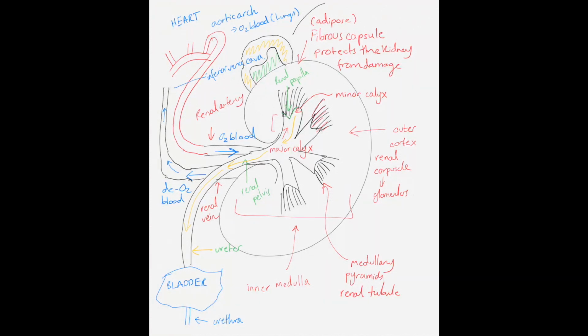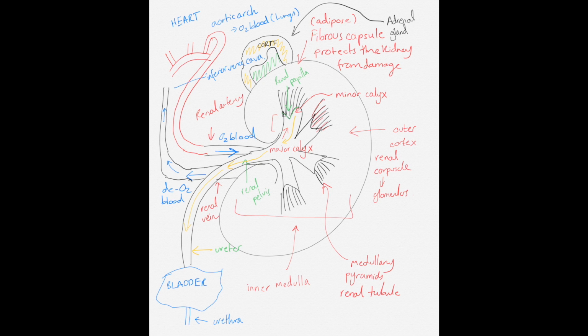I have no space on this page, but this is the adrenal gland, and the adrenal gland is divided. The way that I remember this is that it's kind of a mini kidney, because it also has an outer cortex, and it also has an inner medulla.